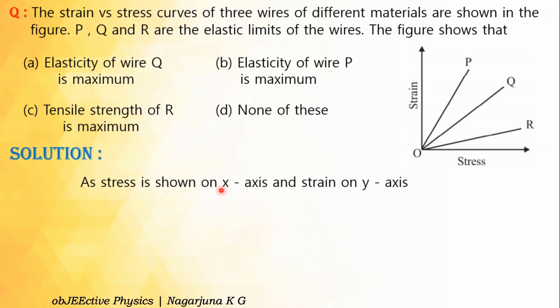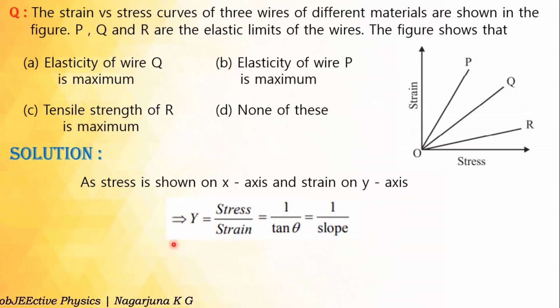As stress is shown on x-axis and strain on y-axis, y is equal to stress divided by strain, that is equal to 1 divided by tan theta, where tan theta is the slope of the straight line passing through origin.